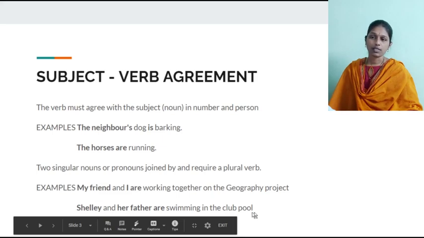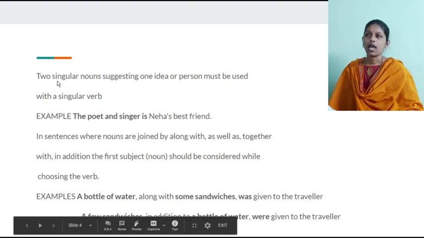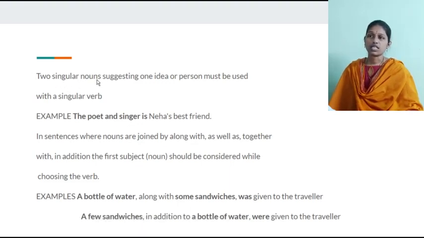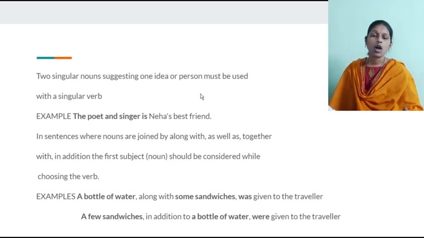Shelly and her father are swimming in the club pool. And two singular nouns suggesting one idea or person must be used with a singular verb. If two singular nouns suggest only one idea or person, then you must use a singular verb.